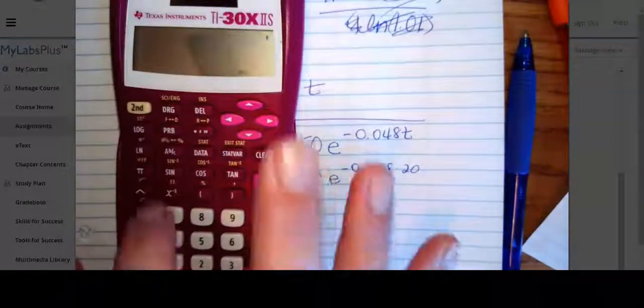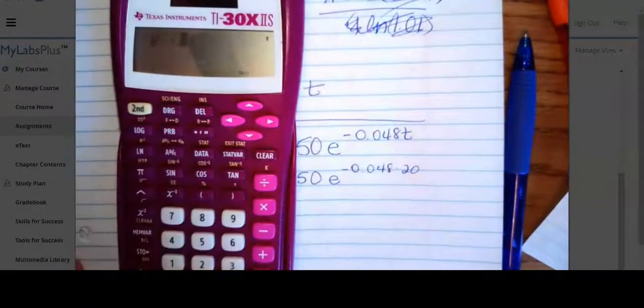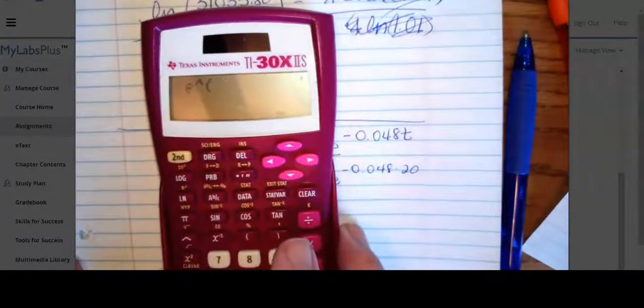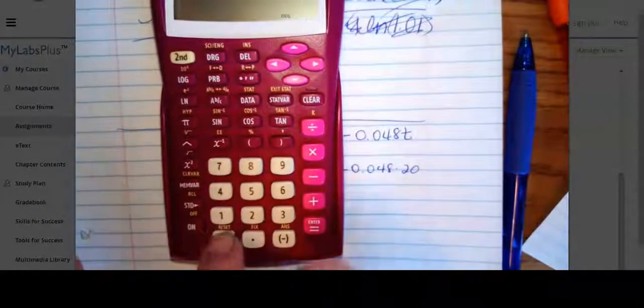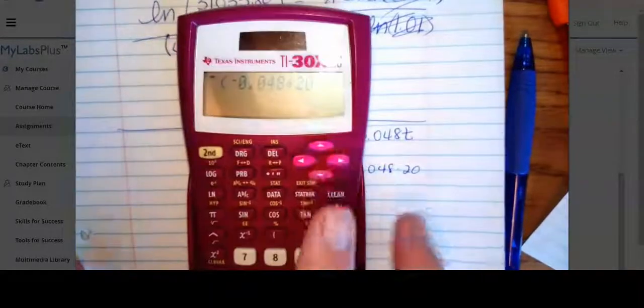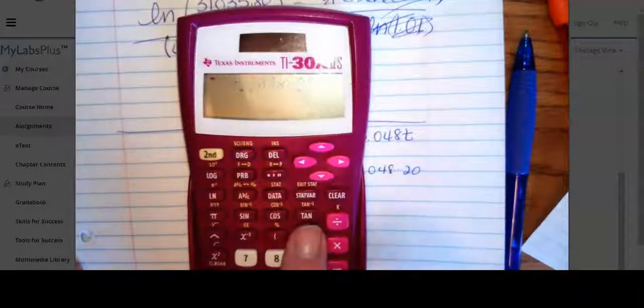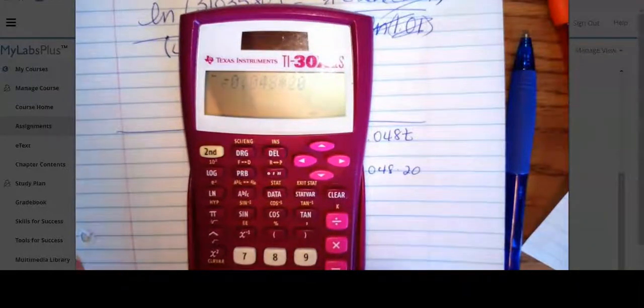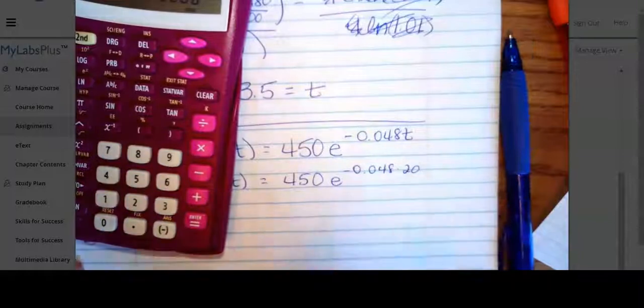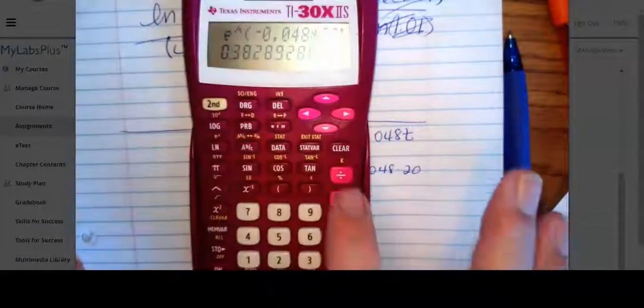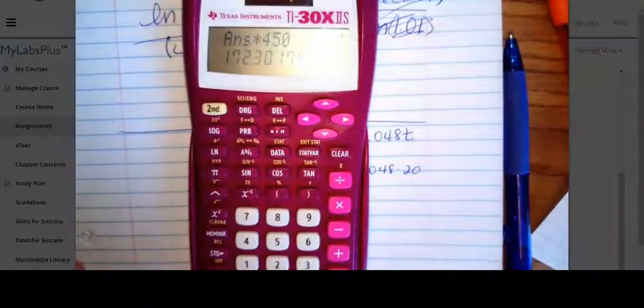So I have e to the, and then I'm going to put negative 0.048 times 20, and I need that times 20 to be in the parentheses as well. Now I just have to multiply by 450, which gives me 172.30.